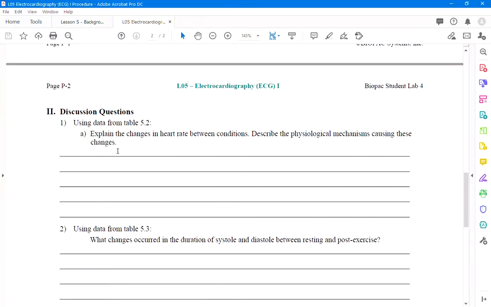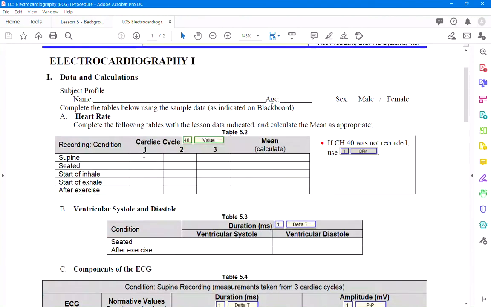Now from this perspective, we have our data sheet. This is everything that you're going to record for this lab. We're going to record data from cardiac cycles, 3 different ones: supine, seated, start of inhale, exhale, and post-exercise.